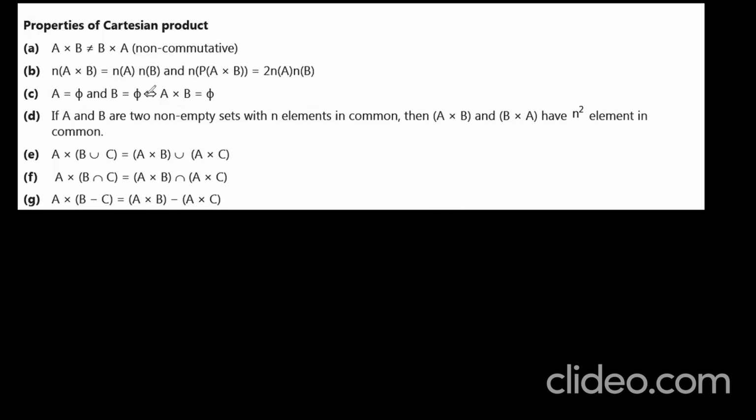Now n(A cross B) is equal to n(A) times n(B), and n(P(A cross B)) is equal to 2 to the power n(A) times n(B). Suppose R is a relation between A and B, where the number of elements in A is m and the number of elements in B is n.